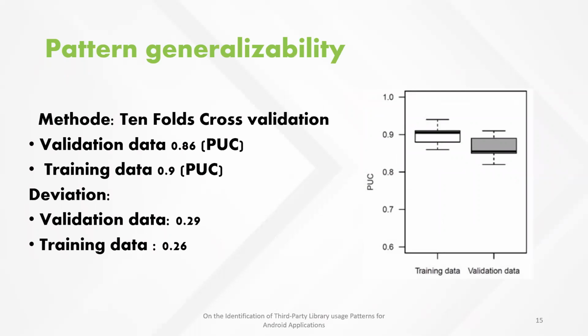For the obtained results on both the training and validation datasets, we notice that in both contexts we obtain a high peak score. In the context of validation, on average, the patterns have a peak value equal to 0.86. In the training context, the peak reaches an average value of 0.9. We observe a low deviation.